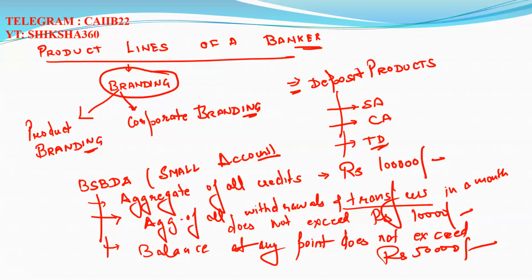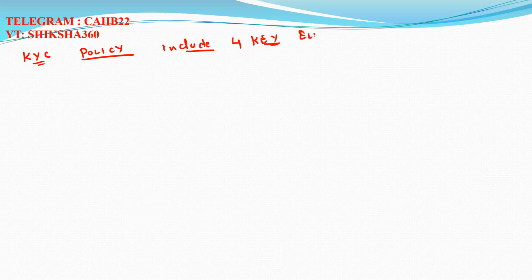KYC guidelines. Next one, that is KYC policy. This is an important point. KYC policy includes 4 key elements. Can anyone tell what are these 4 key elements? First of all, customer acceptance policy, CAP.